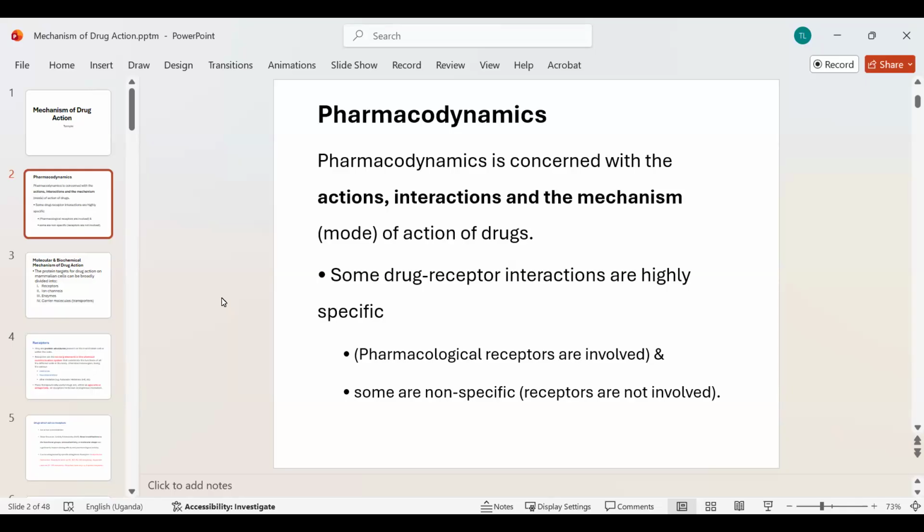But people always tend to confuse what we call pharmacological receptors and physiological receptors. Yet there is no difference. Receptors are usually found in the body. And as I've told you, receptors are protein in nature. So when someone talks about pharmacological receptor, just know they are still talking about those.